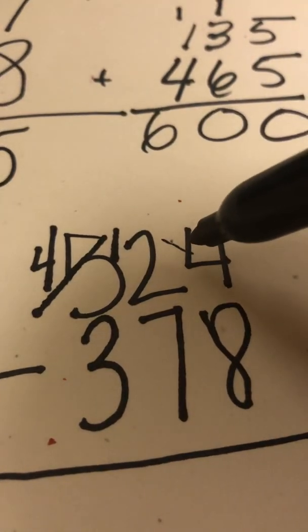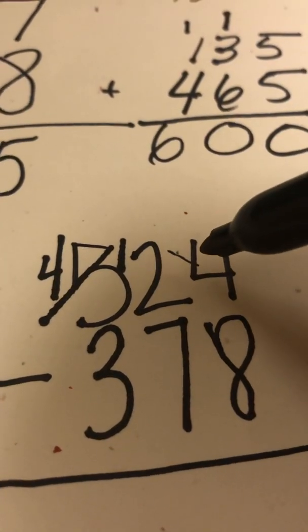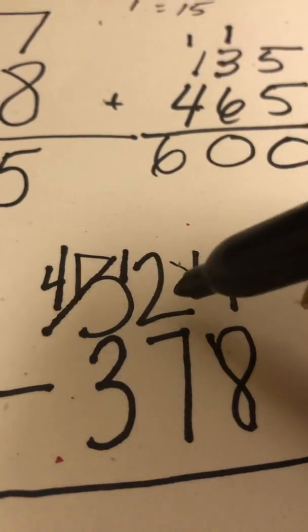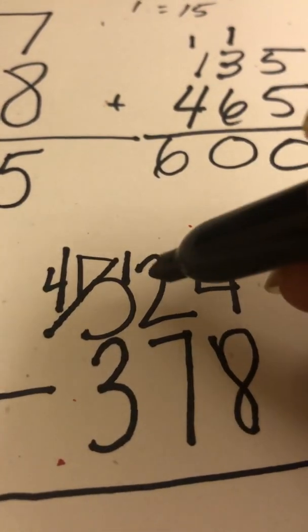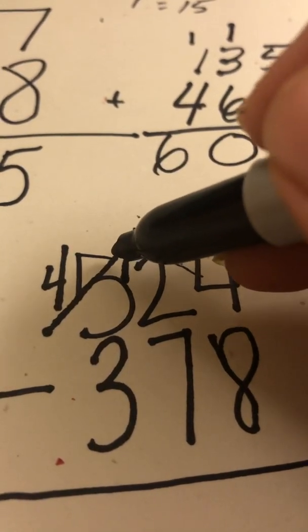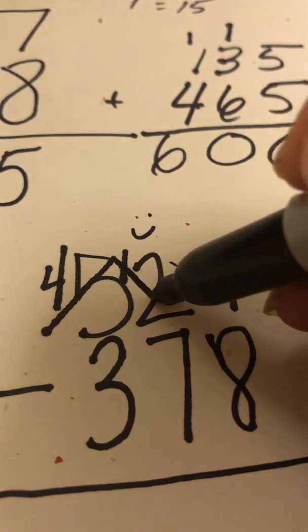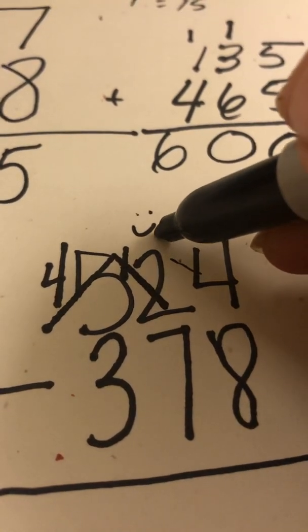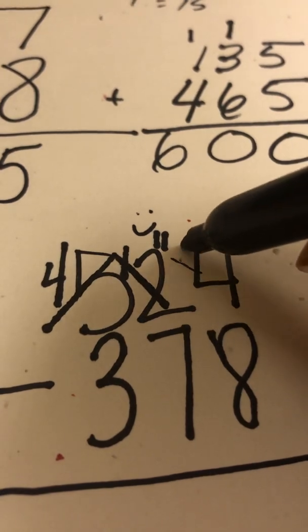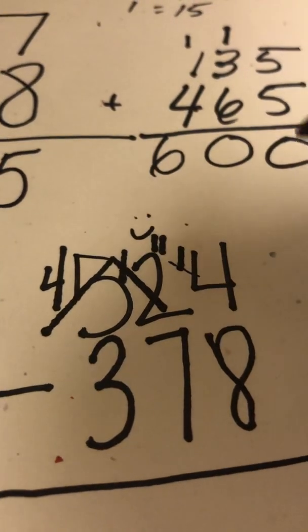Now he can look back, and the ones place can say, oh, it looks like I can borrow now, tens place. May I? The tens place says, oh, yes, absolutely. So he becomes an 11. Why? Because he let him borrow a 10.